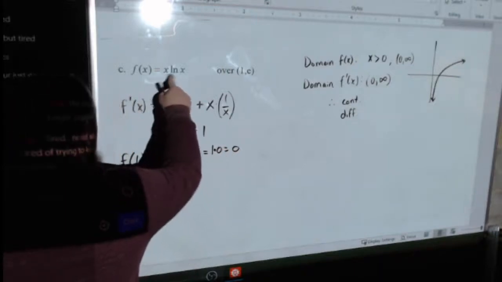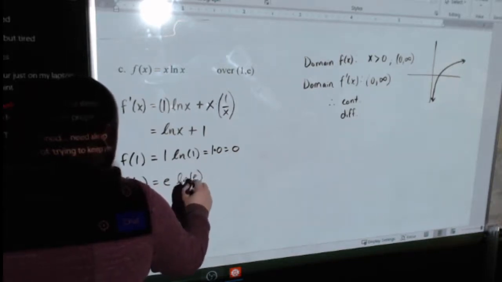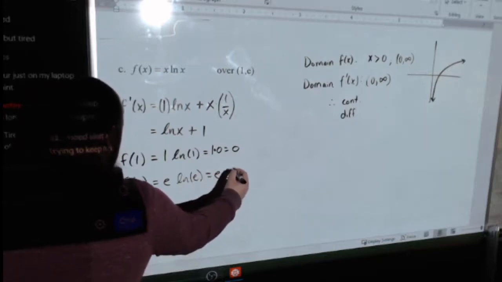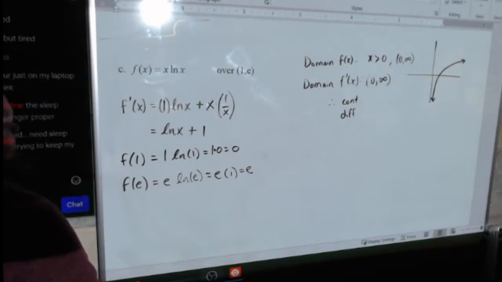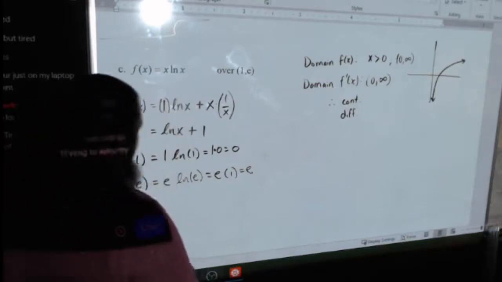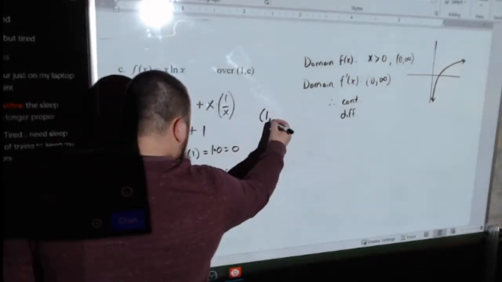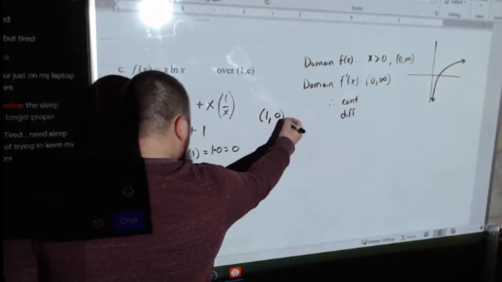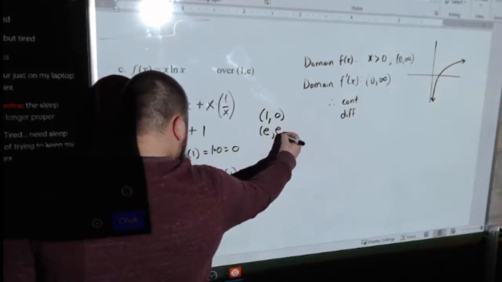And when you plug e in, you get e times natural log of e. Well, natural log of e is 1. So we get back e. So our 2 points are (1, 0) and (e, e).